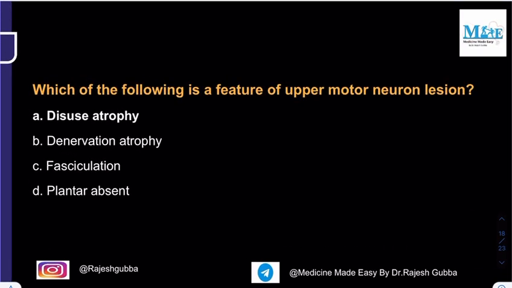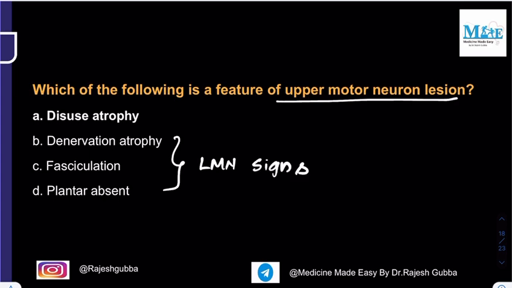Which of the following is a feature of the upper motor neuron lesion? So this is basically a physiology question. The options are disuse atrophy, denervation atrophy, fasciculations, plantar reflex being absent. So B, C, D, these are the lower motor neuron signs, right? The denervation atrophy means the lower motor neuron which is supplying the muscle is damaged.